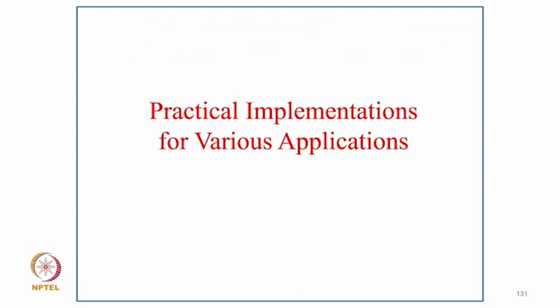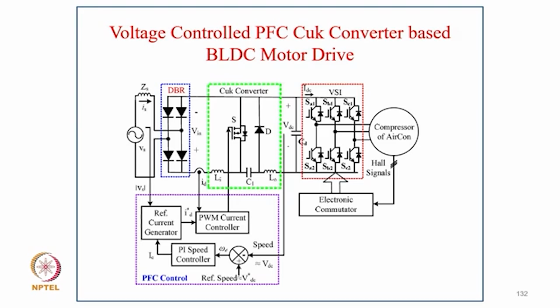Now coming to practical implementation for various applications, the case of a voltage controlled power factor correction converter based permanent magnet brushless DC motor drive, where of course we are using a diode rectifier followed by a converter, and then an inverter fed BLDC motor, maybe driving an air compressor or air conditioner.